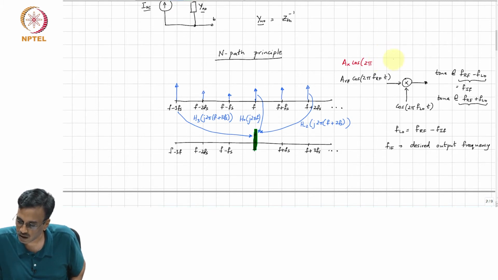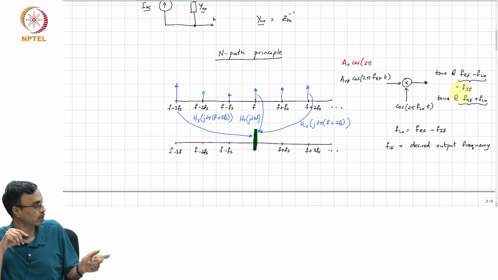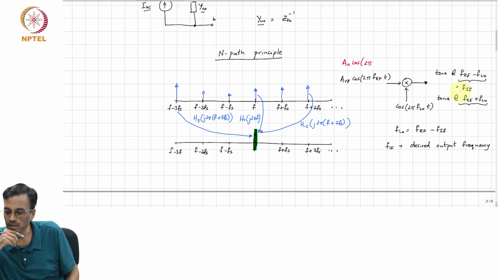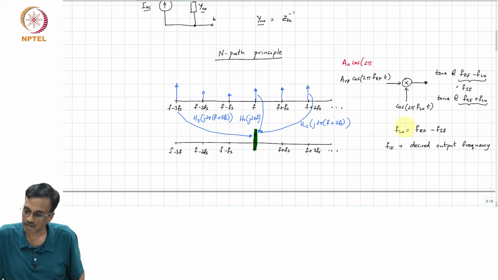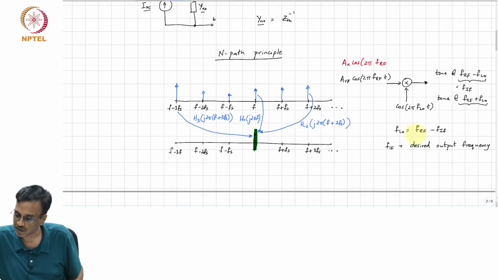What frequency would a tone also down convert? I mean, is there a possibility that you have another tone which can appear at fIF?